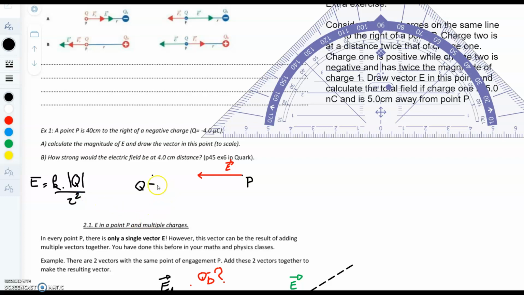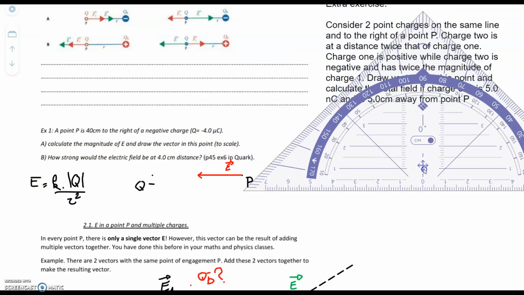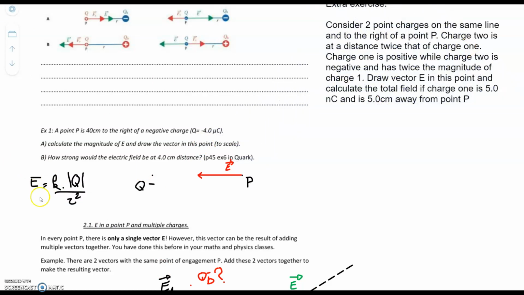Now one thing you have to take into account is Coulomb's constant is determined by using the standard SI values of charge, meaning it is expressed in Coulomb, versus, in this case, the SI unit of distance, meter.